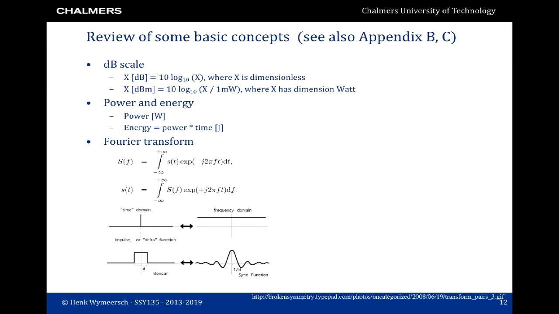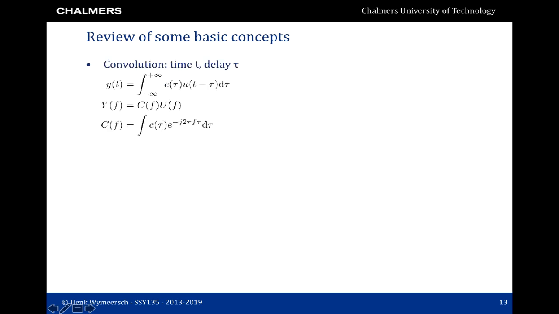A delta impulse in the time domain relates to something flat in the frequency domain. A box in the time domain will result in a sinc function in the frequency domain. In general, a signal that is narrow in the time domain will be broad in the frequency domain and vice versa.